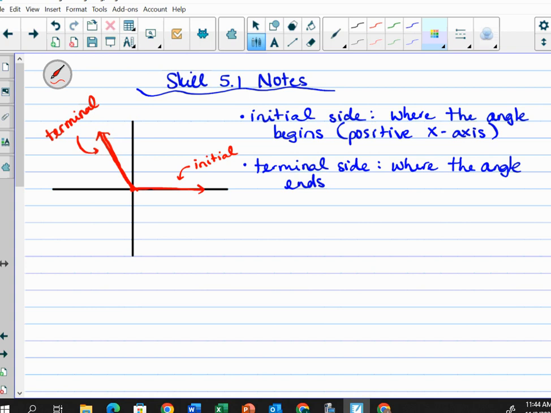So guys, which quadrant is that terminal side in? 2, okay. You remember numbering your quadrants. Down here would be 3, 4, first quadrant.